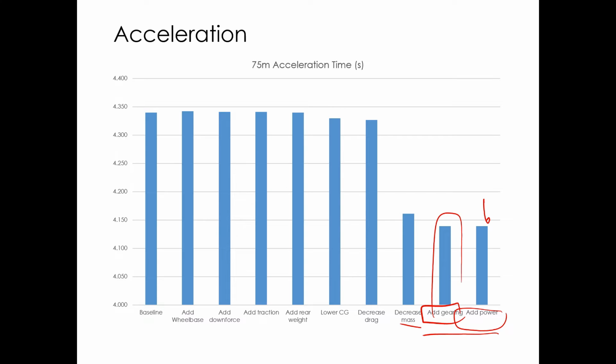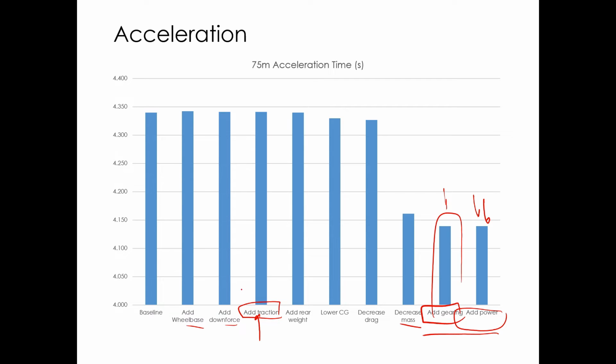Some of these other things don't change much. Wheelbase, a very subtle effect. Downforce at lower speeds, a very subtle effect. Adding traction: in this case we are not traction limited. If we were traction limited, so if we had enough power or enough gearing that we don't have enough traction, then all of a sudden this would be one of these significant factors too.